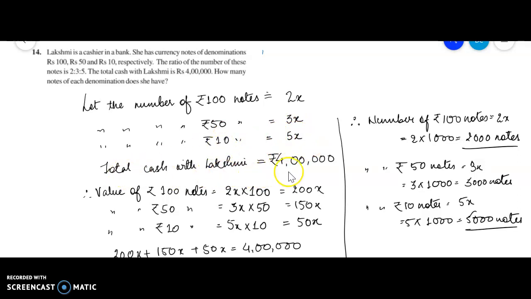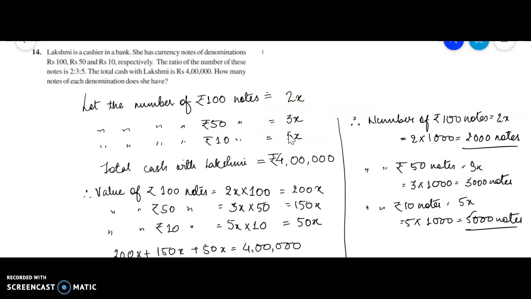The total cash with Lakshmi is 4 lakh. See here, the total amount, the total value Lakshmi has, is given, that is 4 lakh. But 2x, 3x and 5x are the number of notes.